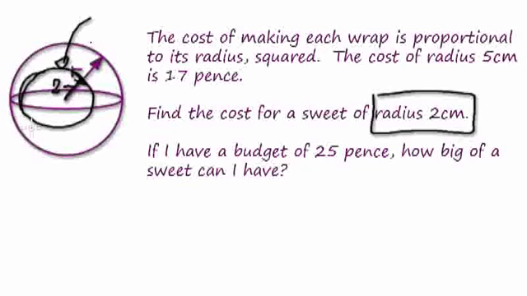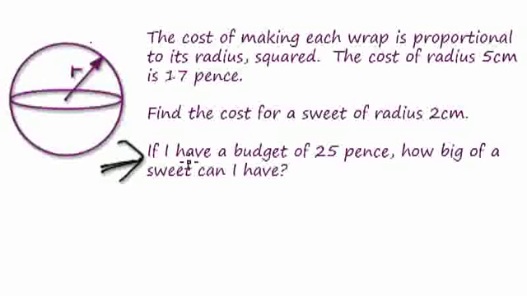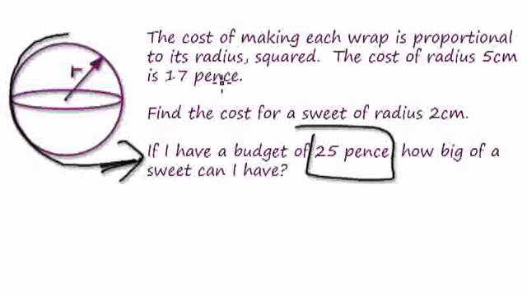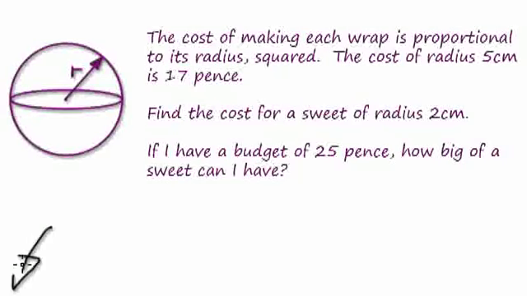Now the last question: if I have a budget of 25 pence, so if I can spend 25 pence on the wrap, how big of a sweet can I have? Work out the radius of that big sweet. Okay, press pause and have a go.